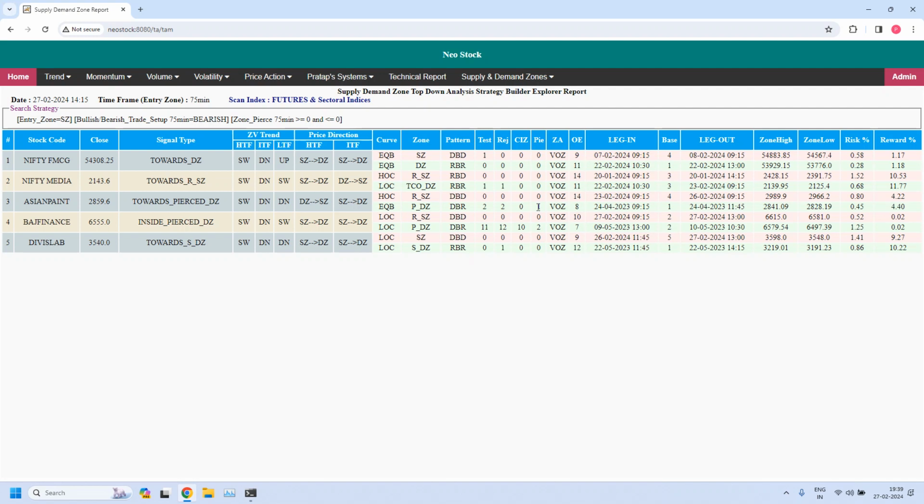If it is a pierced zone, it means the prices mostly go easily beyond that zone. We may get an even better target. And if the reward is not good, you can eliminate it from your list. Check the stocks having good reward.